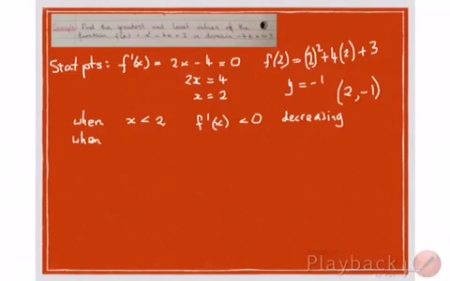And when my x is greater than 2, my f dash x is going to be greater than 0, which means it's going to be increasing. So I know that my stationary point (2, negative 1) is going to be a minimum stationary point.